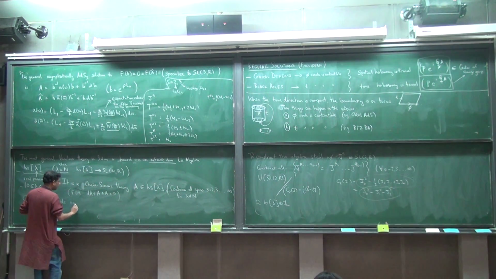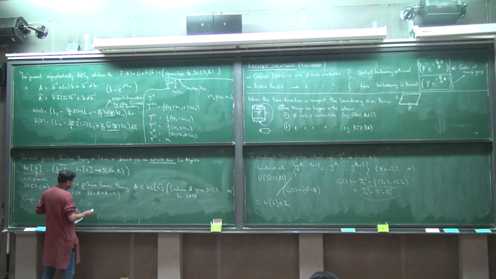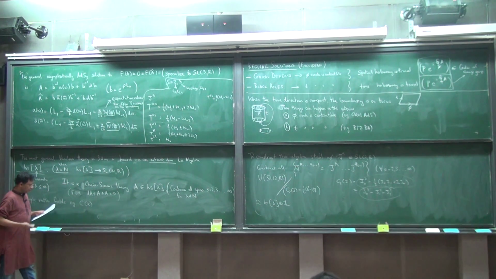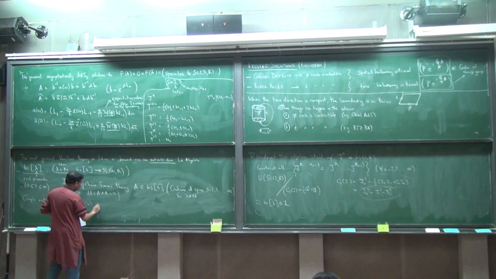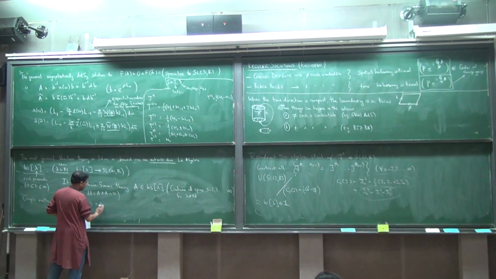Examples, the simplest case, a scalar field, which we denote by C, which will also take values in this hs[lambda] plus identity.